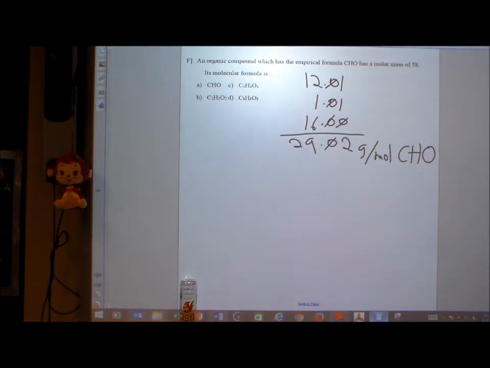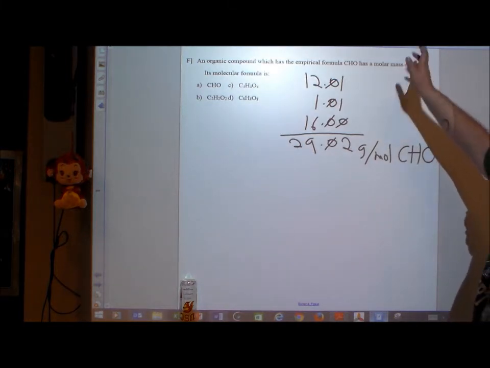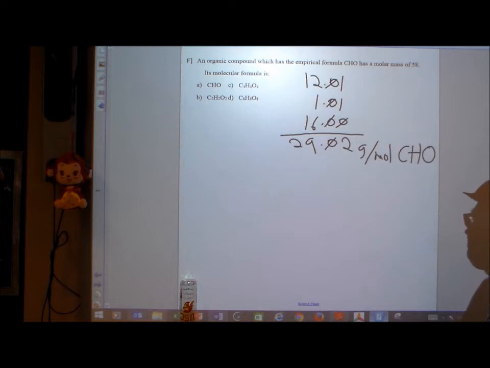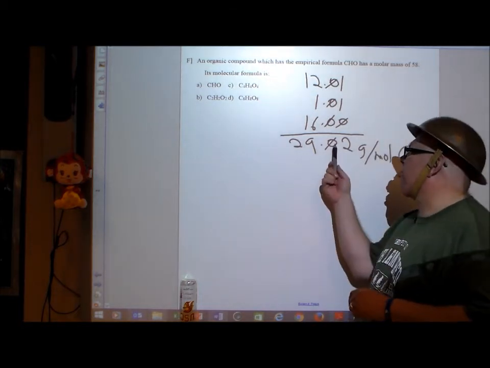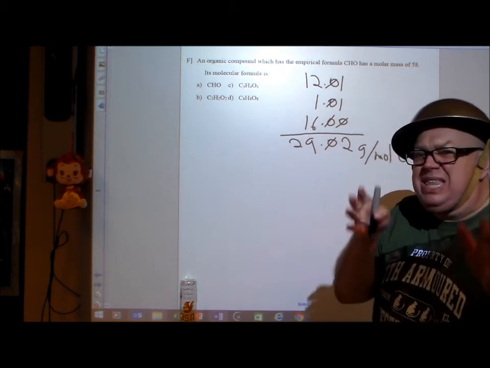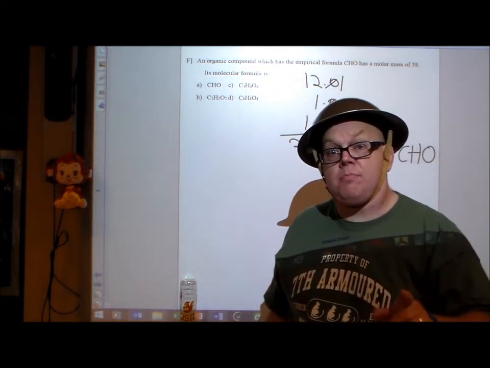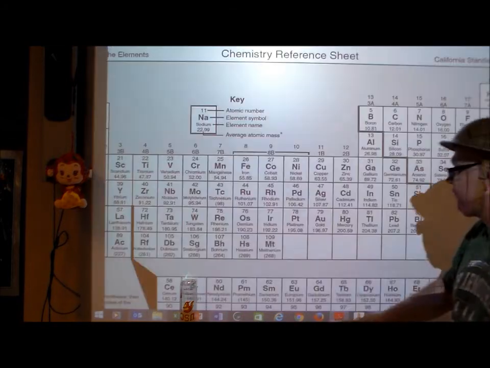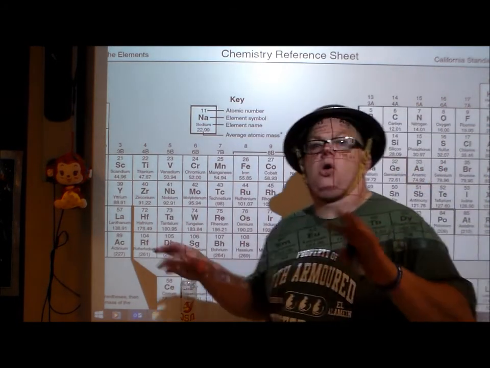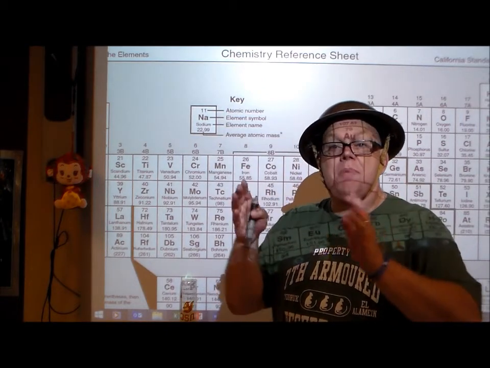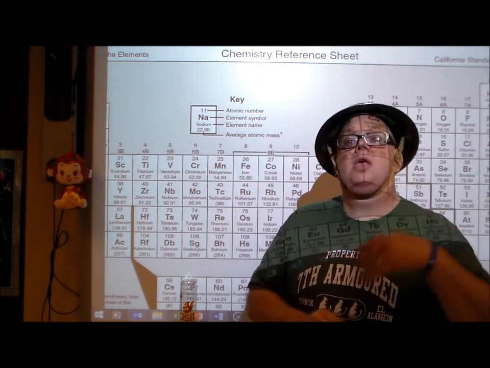Now, look at that 58, look at the 29.02. This is one of those things, remember in chemistry, that 0.02 isn't really going to make a difference, because the numbers that we find on the chart are averages, since that also takes into account all the isotopes and how many of each kind of isotope we would have.